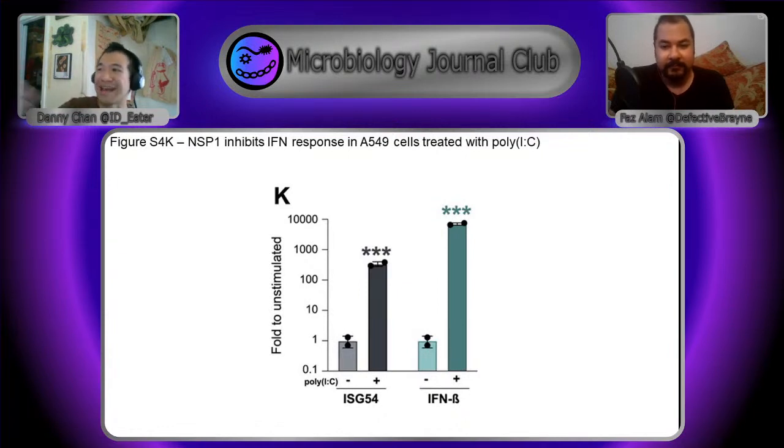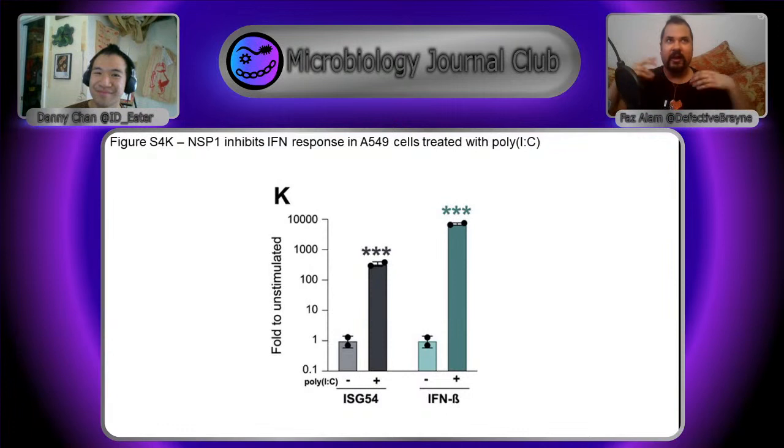You can also look at A549 cells, which are a type of epithelial lung cell, and you can treat them with poly-IC, which is a pretend double-stranded RNA. That should trigger interferon because there are things like RIG, an RNA binding protein that spots dsRNA and goes, wait, we don't produce dsRNA in eukaryotic cells. Only viruses do that. Time to react. Interferon, go crazy, be inflammatory, get expressed in all sorts of different places.